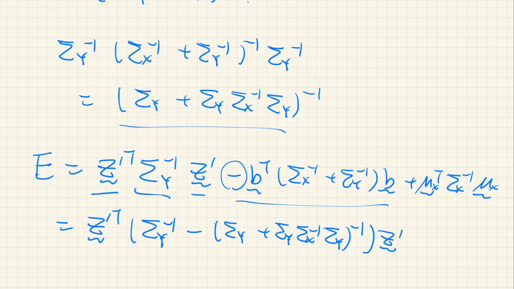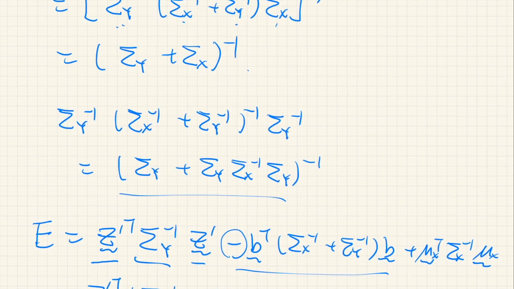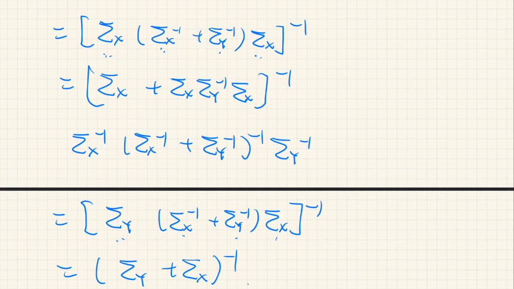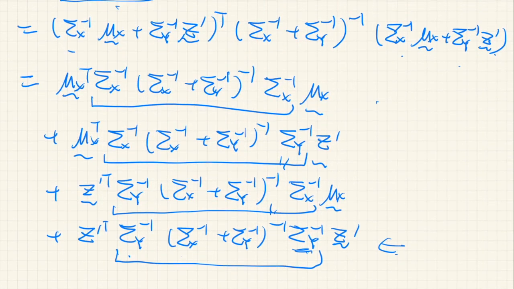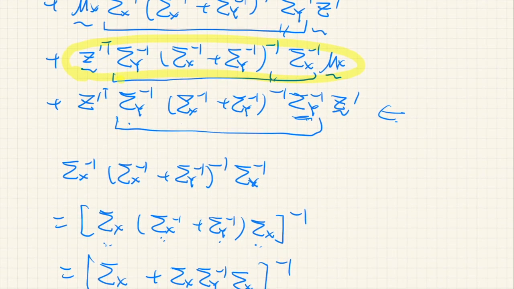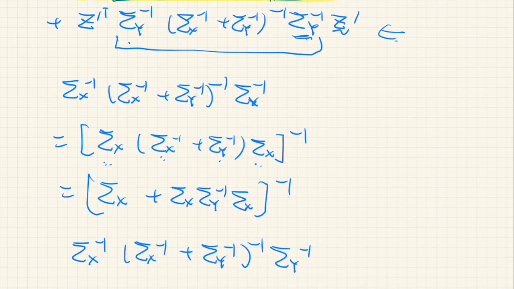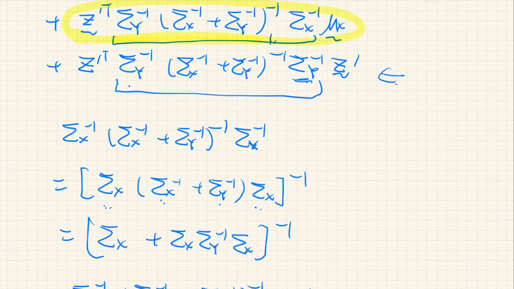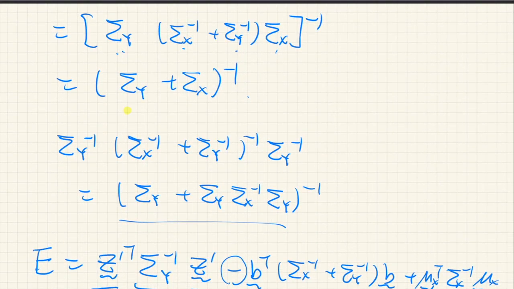And then consider the part with z' transpose. So that is this term. Okay. And this matrix part became, what was it? Just (Σx + Σy) inverse.